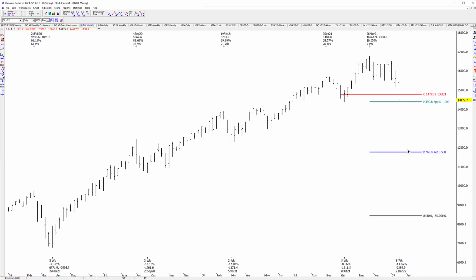And typically, the minimum price target for a correction against a trend like that would be a 50% retracement. That's the probable minimum, by the way, and that's down to around 11,768.